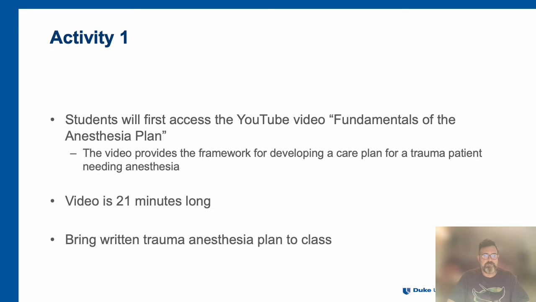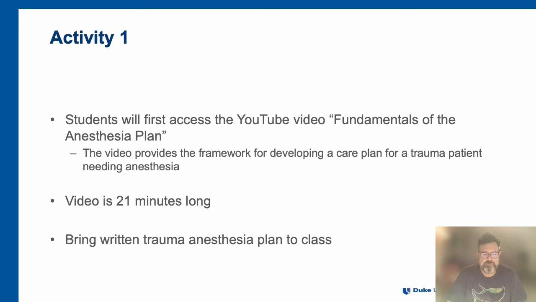So let's look at the first activity that we're going to ask you to do. You'll basically log on to YouTube. You'll either search, or in later slides you'll see a link to fundamentals of anesthesia care plan. This anesthesiologist will go over in a 21-minute video the things that you need to cover for your care plan.